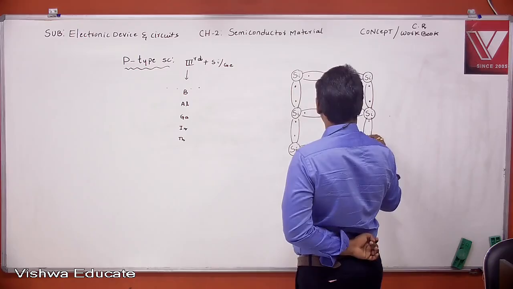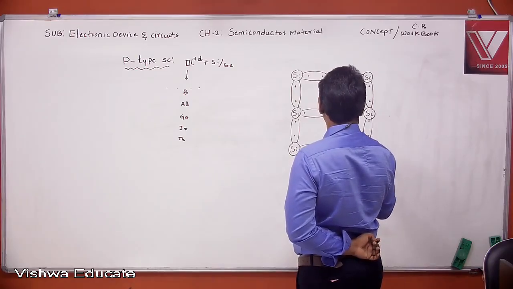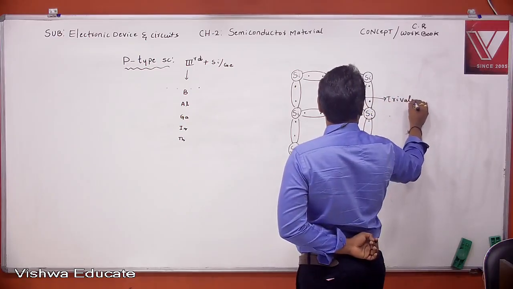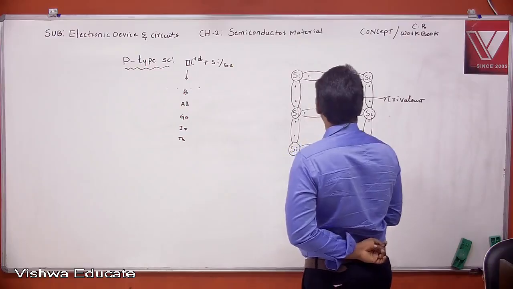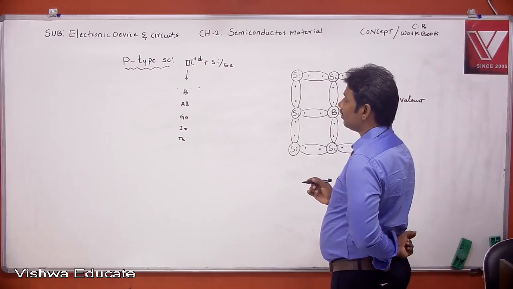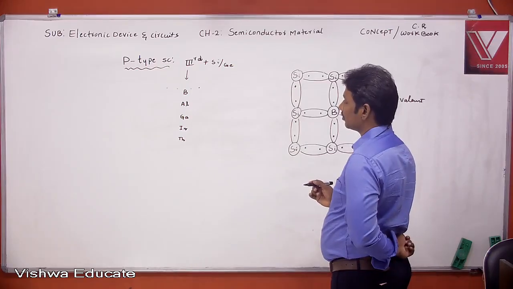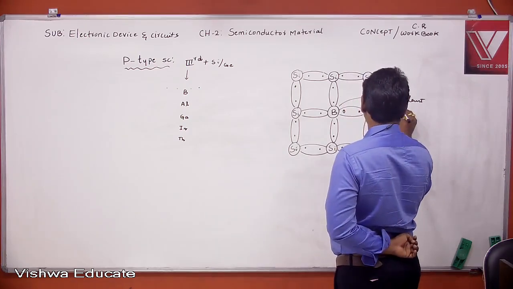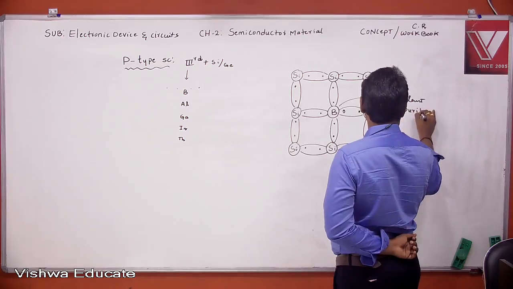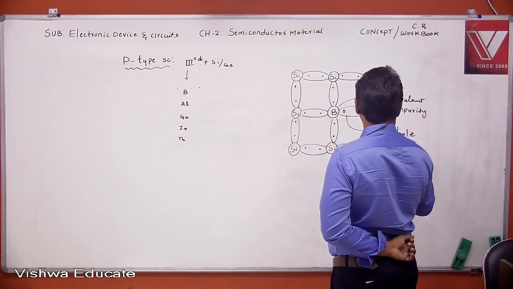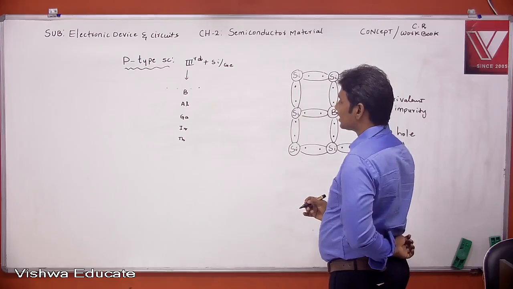Right. Next point, note. See, for making of p-type semiconductor, boron is preferred because it offers greater affinity.